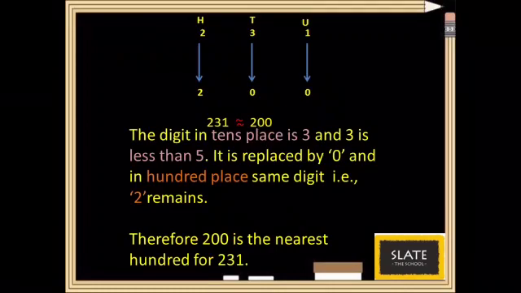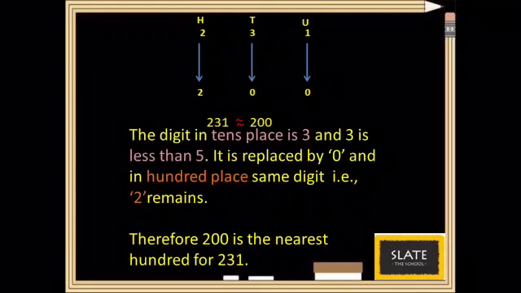The digit in the tens place is 3 and 3 is less than 5. It is replaced by 0, and in the hundreds place the same digit, that is 2, remains. Therefore, 200 is the nearest hundred for 231. Hope you all are following me, Slaters.